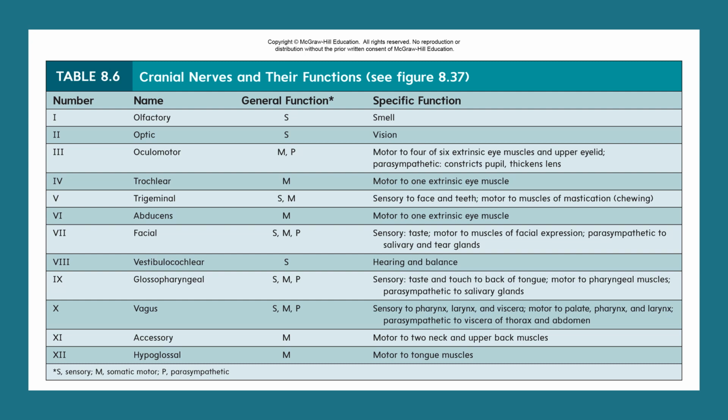So here you see that S means sensory, M is somatic, and then P is parasympathetic. Okay, so just remember and memorize the numbers, their names, of course, their general function and specific function as well. Right?